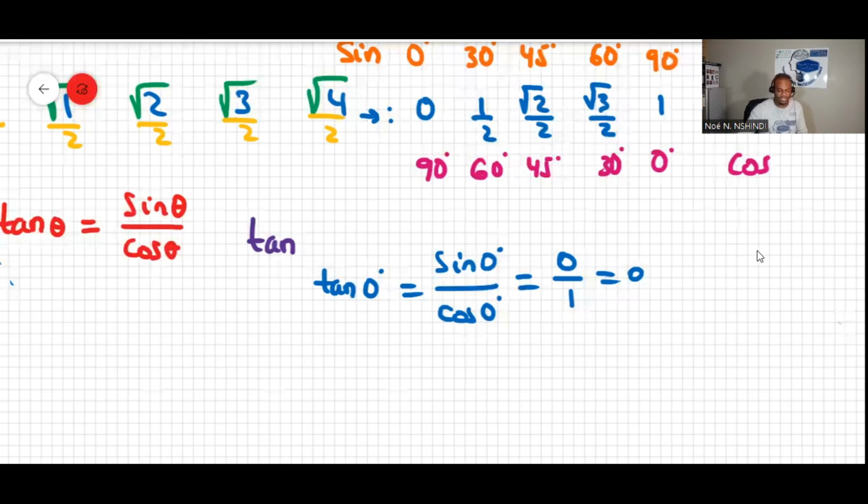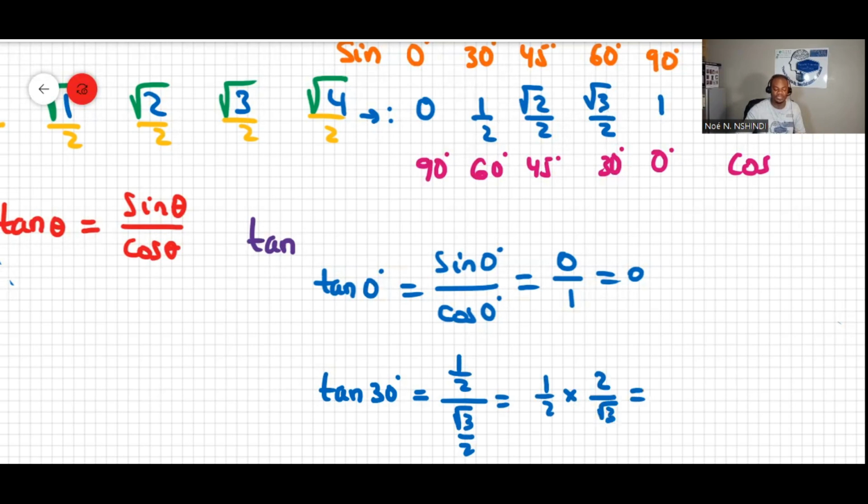For the sake of illustration, I think I need to do tan of 30 degrees also. You look at sine of 30 degrees, which is a half. So you write there a half over cos of 30 degrees, which is root 3 over 2. When you have a fraction over another fraction, we multiply the first fraction by the inverse of the other fraction.